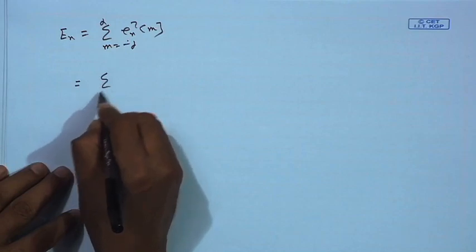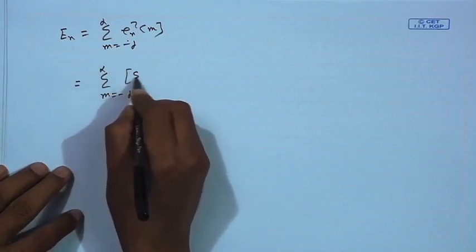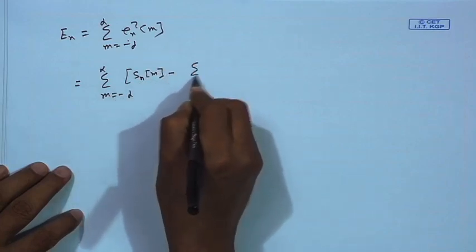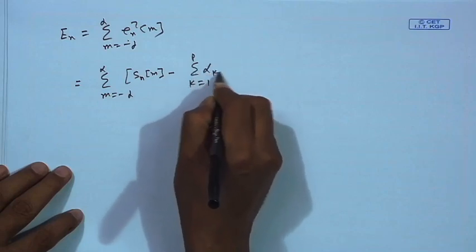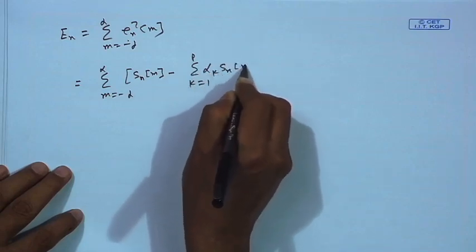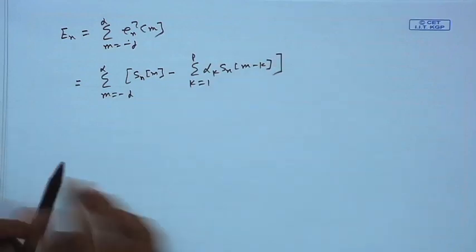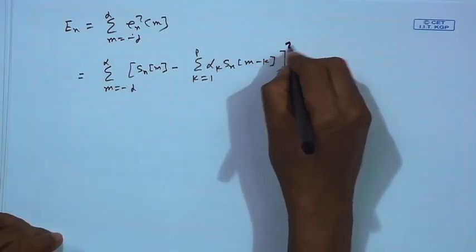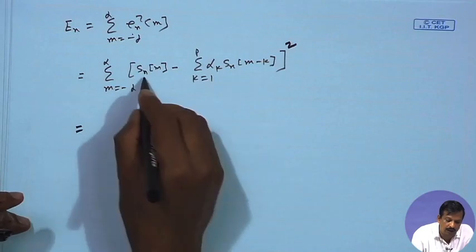This is the sum over m from minus infinity to infinity of s n m minus the sum over k equal to 1 to p of alpha k s n of m minus k, the whole square. Okay. Now, let us expand the square, a minus b whole square.